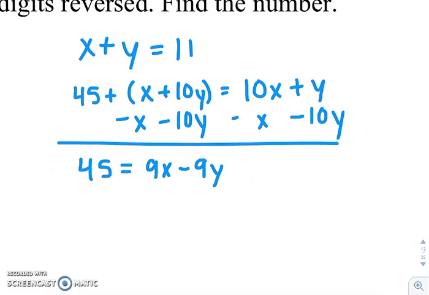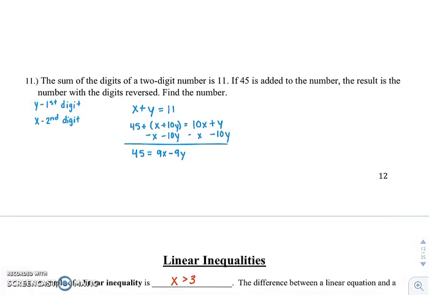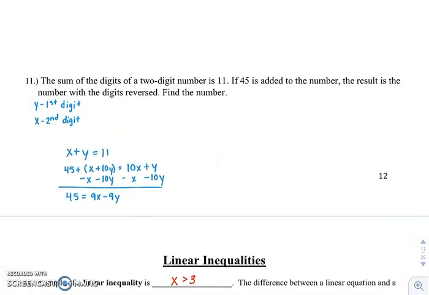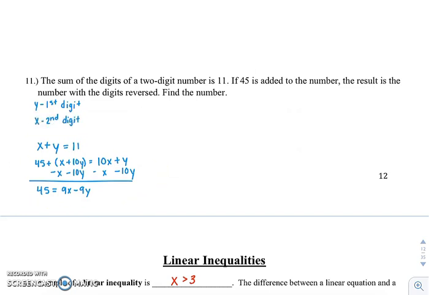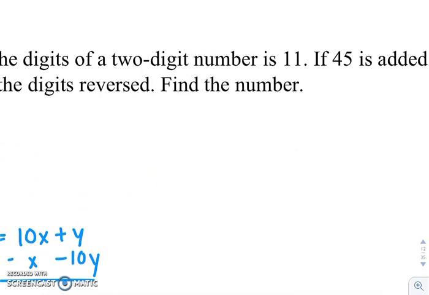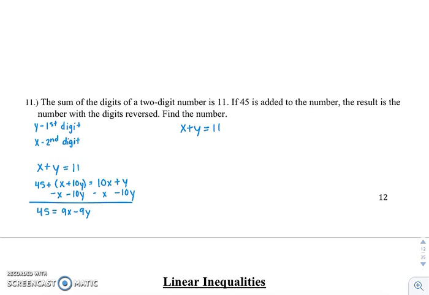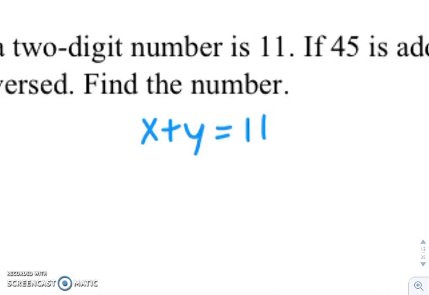So the two equations we really have here are x plus y equals 11, and 9x minus 9y equals 45.